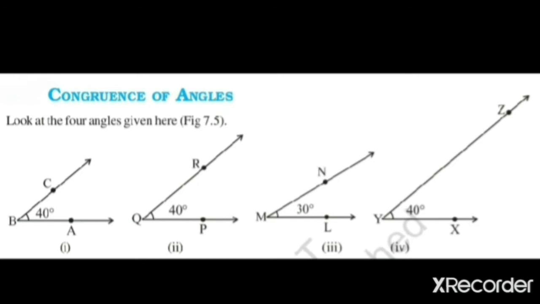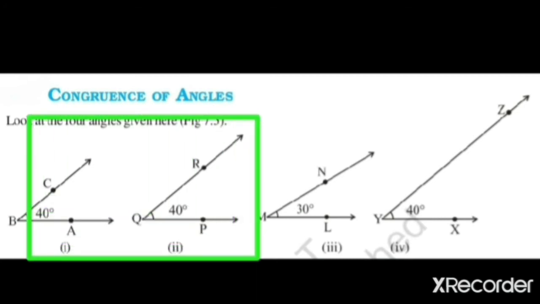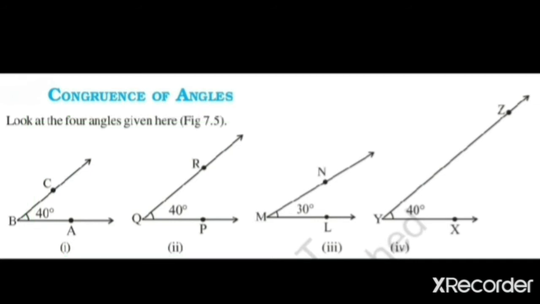First, let's talk about these two angles, ABC and PQR. They both have the same measurement, 40 degrees. So we can say that angle ABC is congruent to angle PQR.